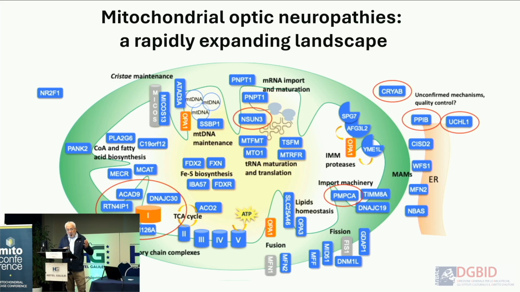The interaction between mitochondria and endoplasmic reticulum seems to be another key point. Wolfram syndrome is a case of a protein which technically is not a mitochondrial protein, but you might have secondarily some involvement of mitochondrial biology. And now we have fatty acid biosynthesis and many other pathways.